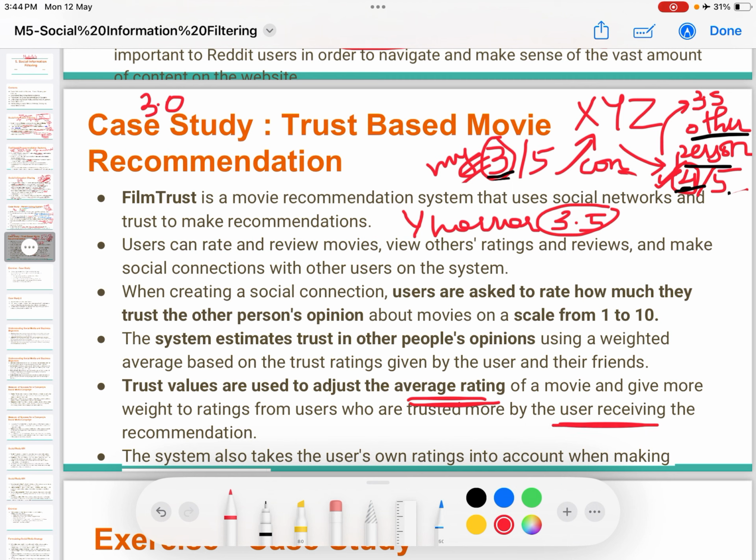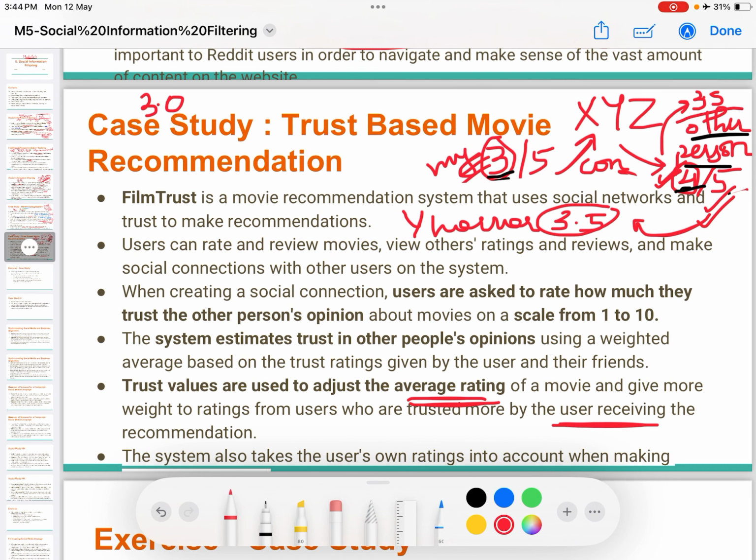Who will it be recommended to? It will be recommended to me, the user. Why? Because I have trusted this person with the rating. So what are they saying? That the trust values are used to adjust the average ratings of a movie, and give more weight to the ratings from the user.